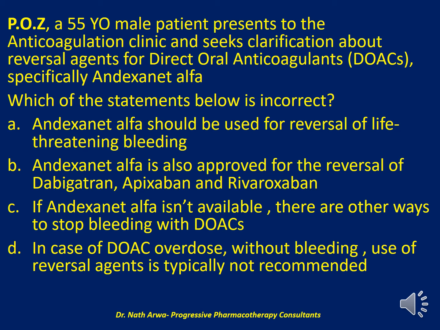Or is it D, in case of DOAC overdose without bleeding, use of reversal agents is typically not recommended? I'll give you 10 seconds to ponder and choose the correct answer.